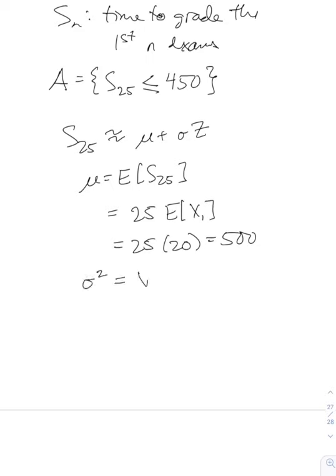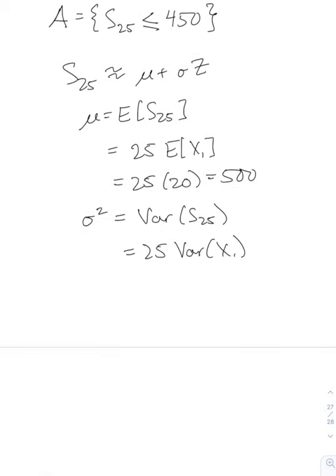Sigma squared is the variance of S25, which is 25 times the variance of x1. The variance of x1 is 16. 25 times 16 is 400. So sigma is the square root of 400, so sigma is 20.